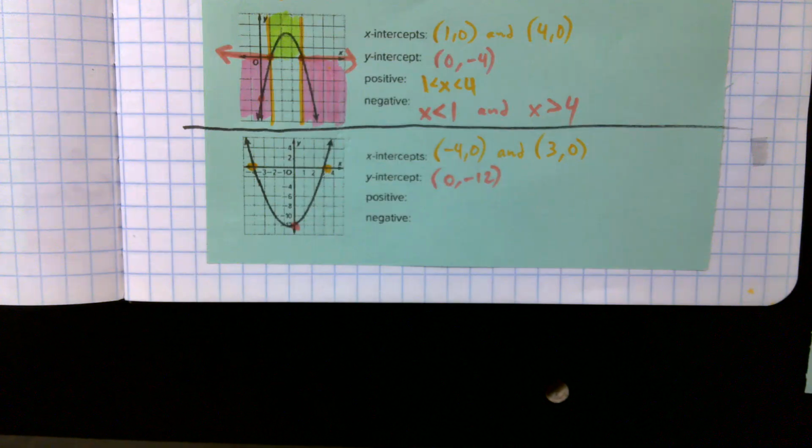Negative. It's negative 5. So positive is above the x-axis. See how it's yellow? But I get the highlighter part.